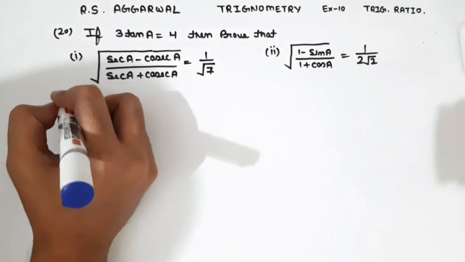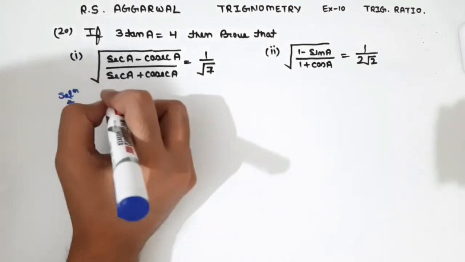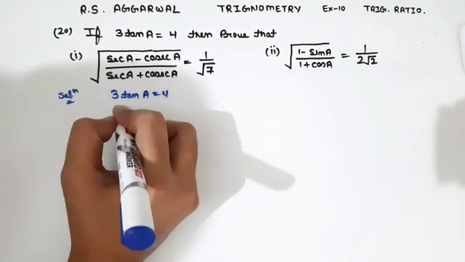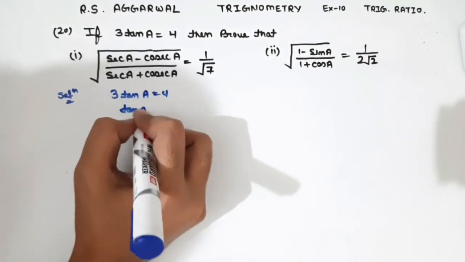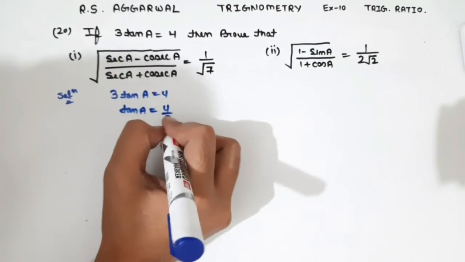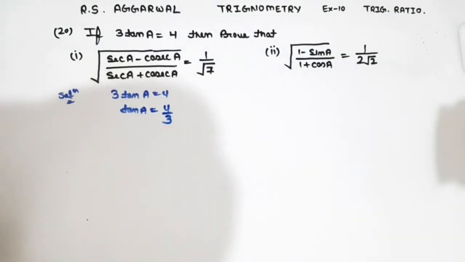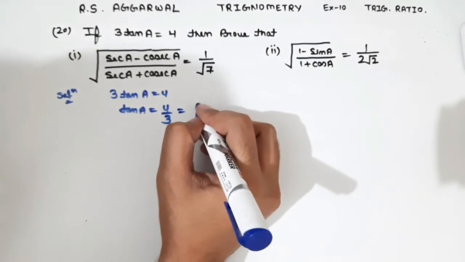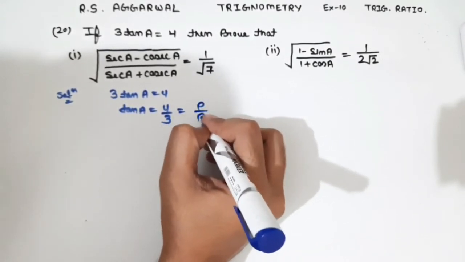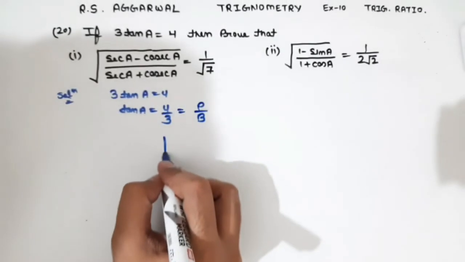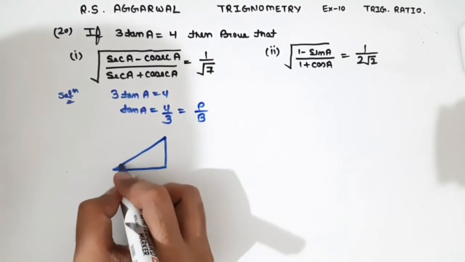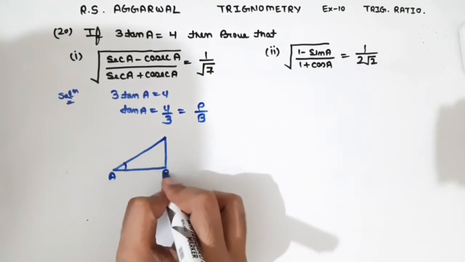So in this problem we are given that 3 tan A equals 4. So from here tan A will be equal to 4 upon 3. So we know that tan A is given by perpendicular upon base. So firstly we will draw a right angle triangle ABC.